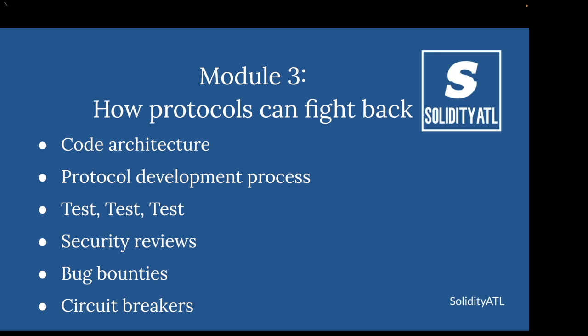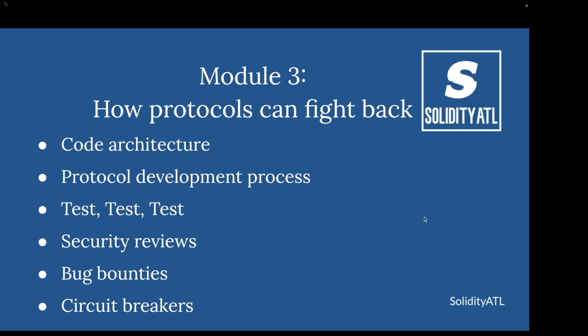The next point is security reviews, and how they fit into the whole process, not just a one-off security review. Then we're going to talk about bug bounties, how they're also very helpful for securing protocols. And the last piece is circuit breakers, which is technically a part of code architecture, but I think it's important enough to deserve its own section.